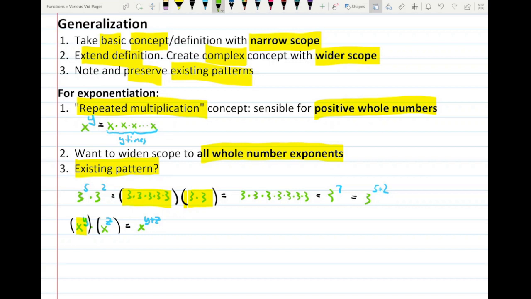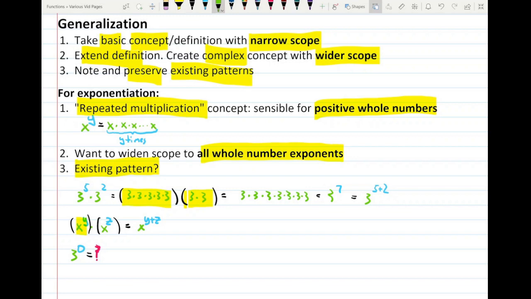Now, before we use this pattern to look at negative number exponents, we're going to first look at the exponent 0. Let's say we're trying to decide how we should extend our definition of exponentiation to the expression 3 to the power of 0. We want to assign 3 to the power of 0 some quantity that makes sense.